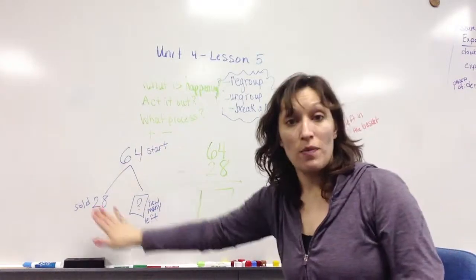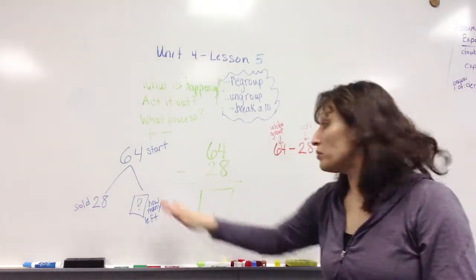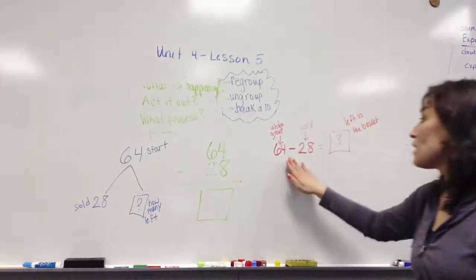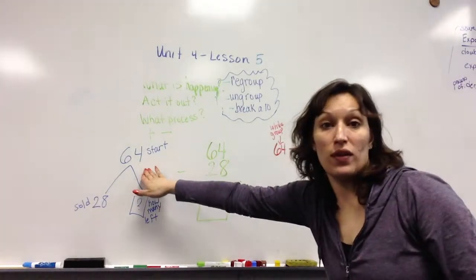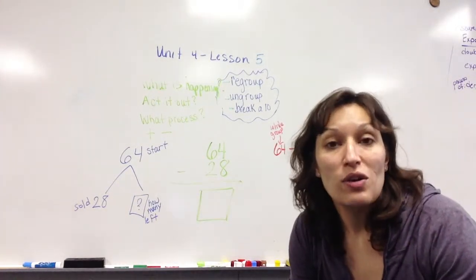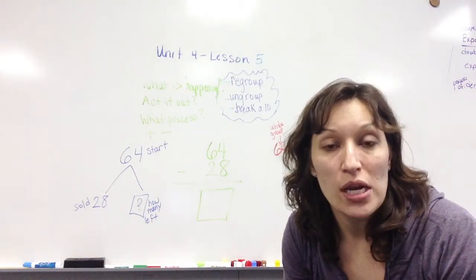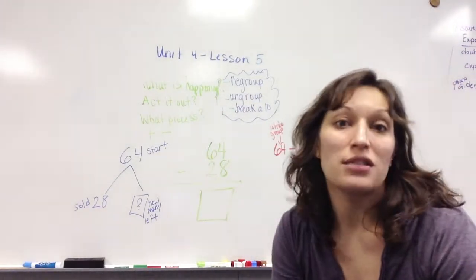Some people have to draw the Math Mountain first before they stack it up. That's cool. If that works for you, do that extra bit of work. That's good. Okay? Some people like this. They like to look at that and then they make a mountain out of it. However it works for you is fine with me, as long as you are processing what happened in the story, you're getting it on paper correctly, and you understand the process you need to do.